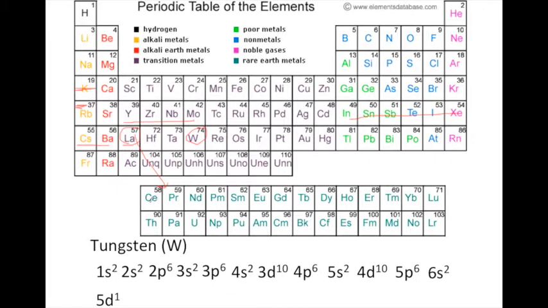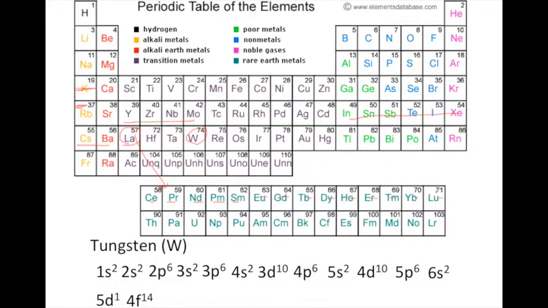So we're going to begin filling the 4f. We have 4f 1, 2, 3, 4, 5, 6, 7, 8, 9, 10, 11, 12, 13, 14. Of course, there are 7 f orbitals. Each one can hold 2. So we're going to fill up the f orbitals for f14.